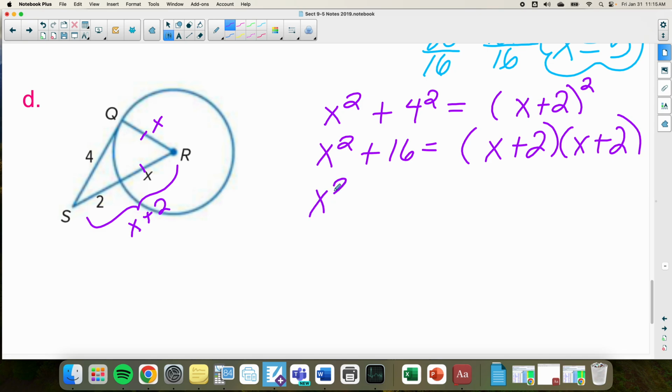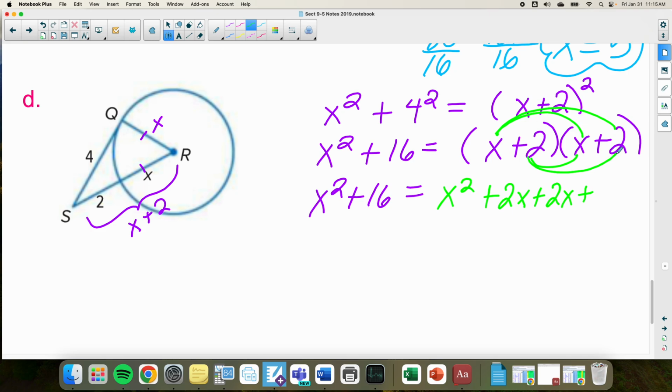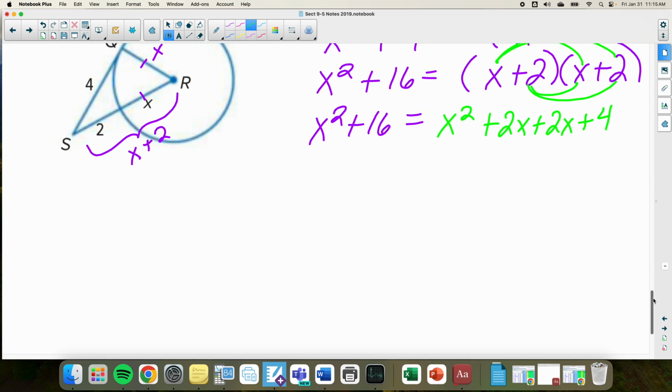So this is x squared plus 16. And when I go to do FOIL on that, remember F is first. So x times x is x squared. O is outside, that's x times 2, which is 2x. I is inside, which is 2x. And L is last, 2 times 2 is 4. Okay? Now, do my x squareds cancel again? Yes, and they should.